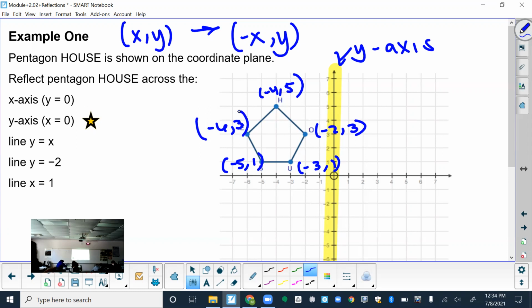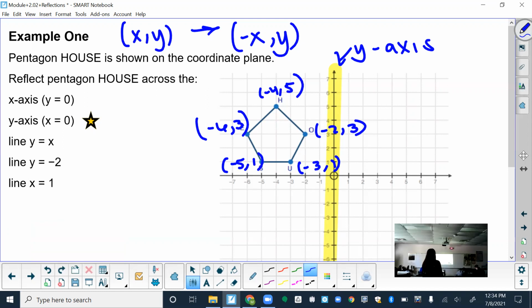Now we're looking for our new H prime, O prime. So starting with the H, if my original was -4, 5, and we're using this rule right here, what's my new coordinate?